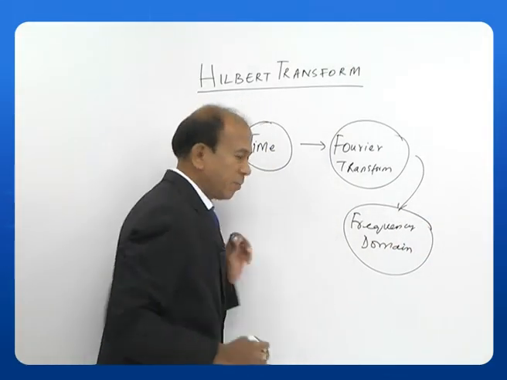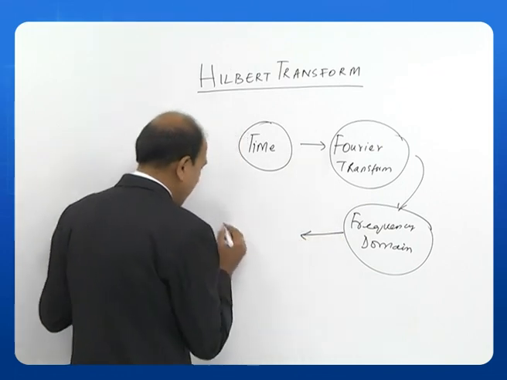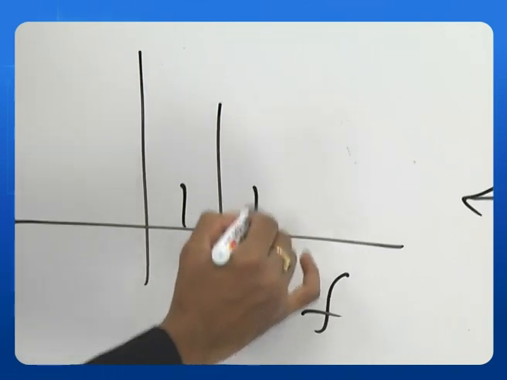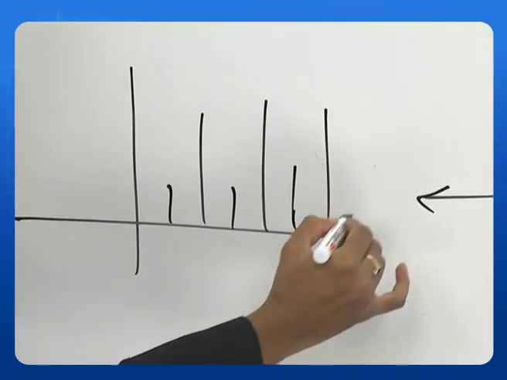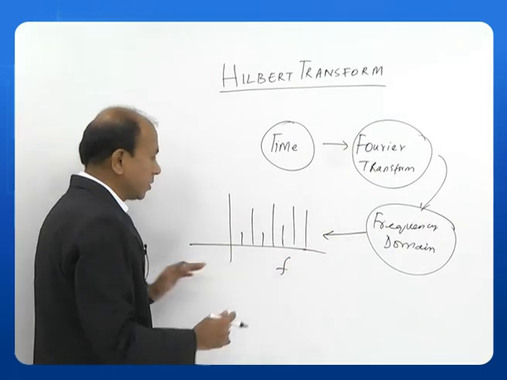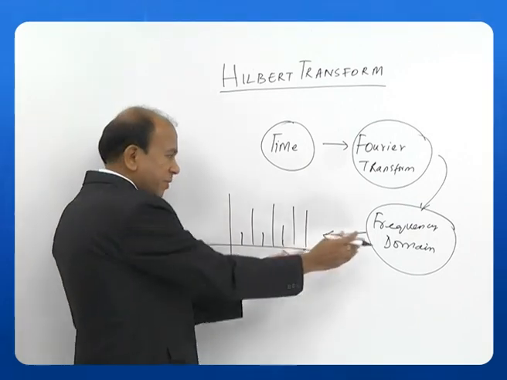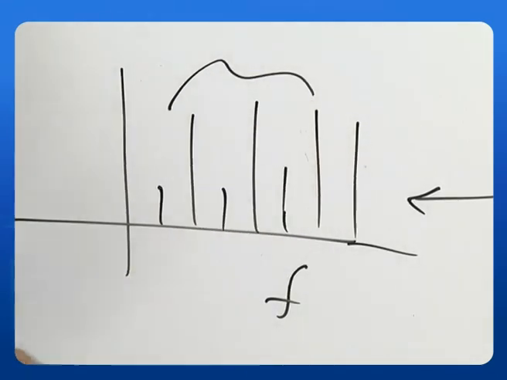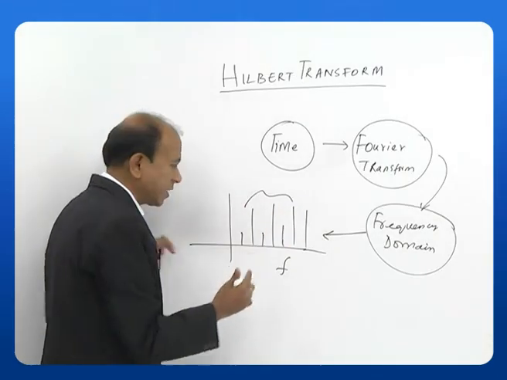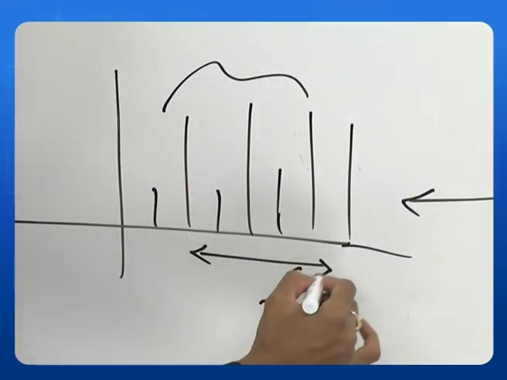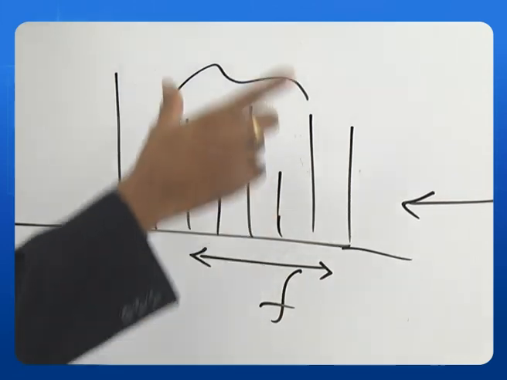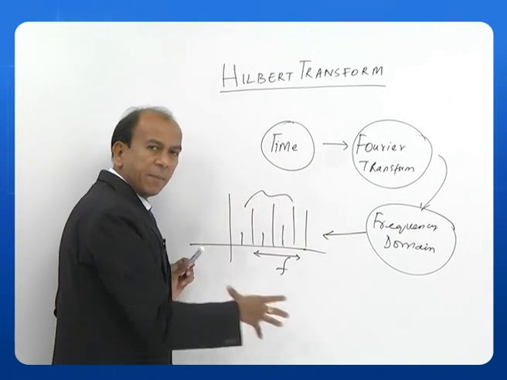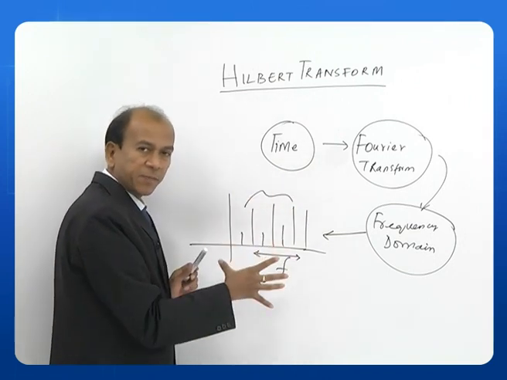When I say frequency domain signal, it means I have a frequency axis, and we can have different frequency components like this. These are the different frequency components which we get from a time signal. Let us say I want to select only these two frequencies, this band of frequencies. Then I do what is called filtration. Frequency selection is done, and then we do filtration to pick up only these components. This is the basic functionality of a Fourier transform.